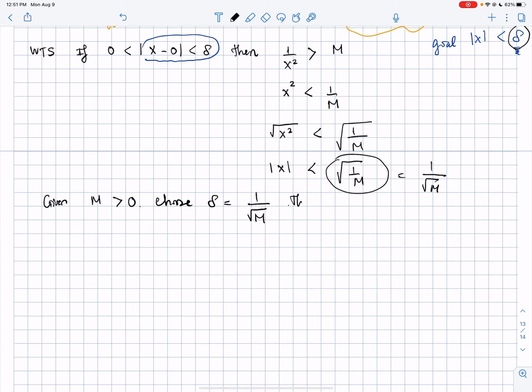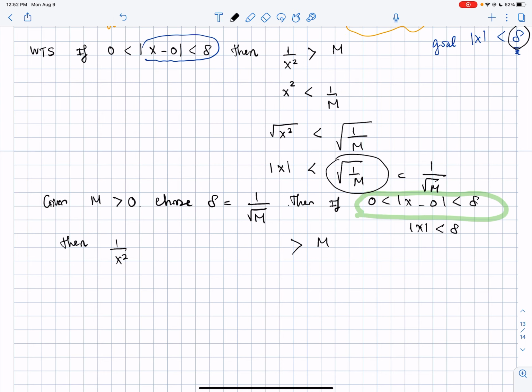Okay, so then if we have 0 less than absolute value of x minus 0 less than delta, then we have 1 over x squared, and we want this to be greater than M. So this is what we want, and we will use the statement that absolute value of x is less than delta. 1 over x squared is the same as 1 over absolute value of x squared.